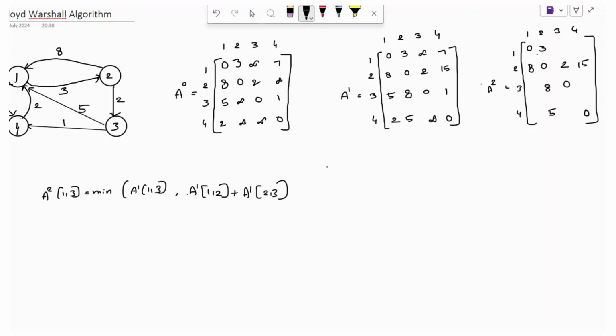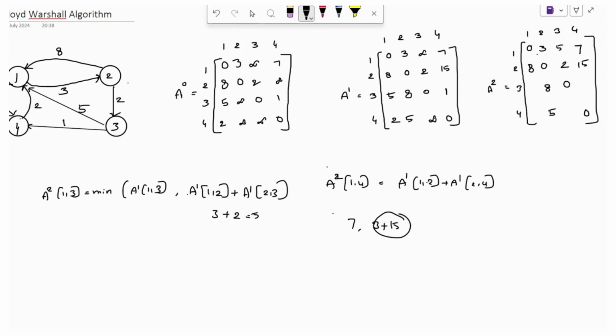A1 of 1 comma 2 is, if you see, 3 plus A1 of 2 comma 3 is 2. So 3 plus 2 is 5. Initially what is A1 of 1 comma 3? It is infinity, right? So 5 is lesser, so I am going to mark it as 5.